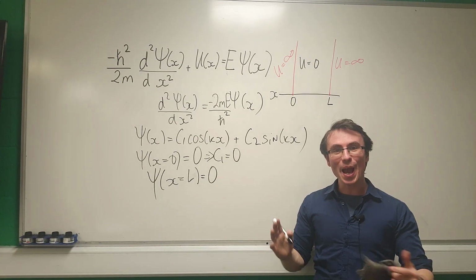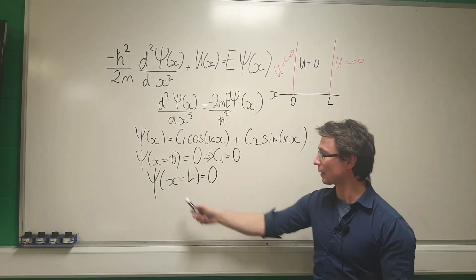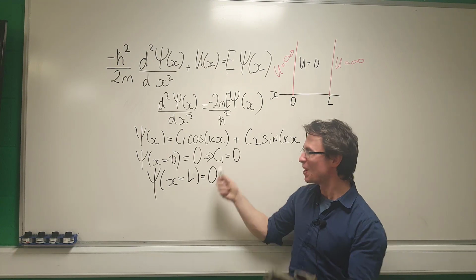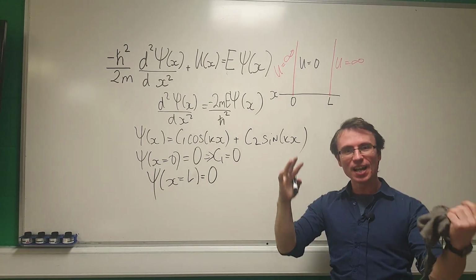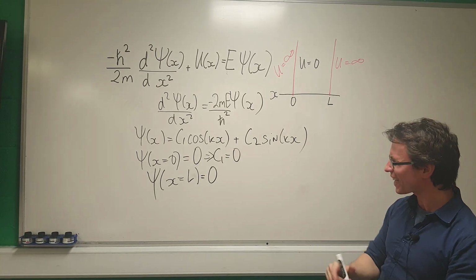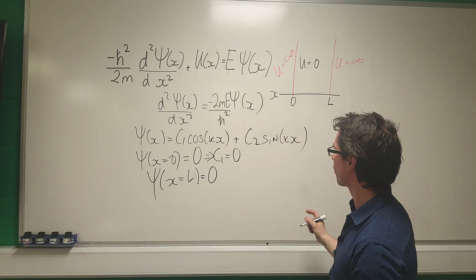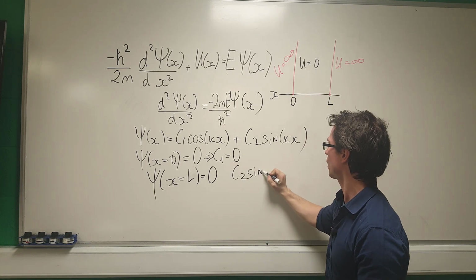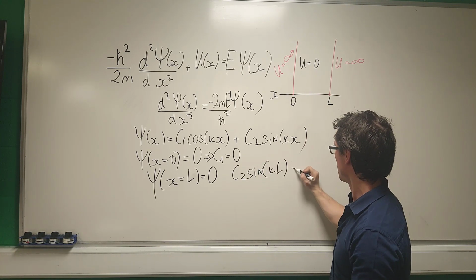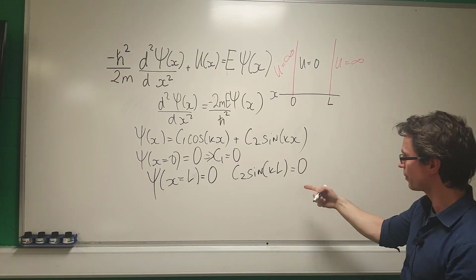The only way this can happen is if this constant c1 is equal to 0. Now let's apply our second boundary condition, that psi at x equals L must also be equal to 0. The particle can never be outside of this box. Given that the cosine term has already disappeared, we can just write that c2 sine of kL is equal to 0.